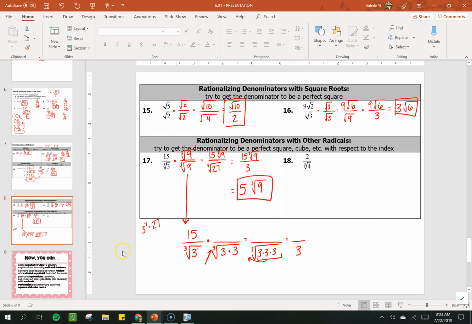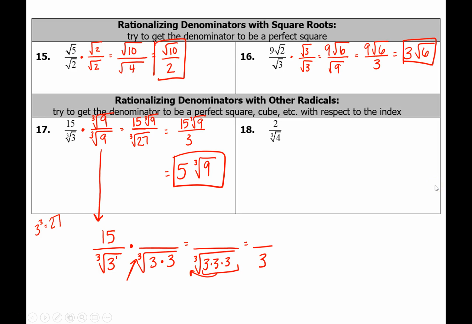So let's look at one last one that is a little bit harder this time. So I have in my denominator the cube root of 4. Now you can think about 4 to the third is 64 and do it that way. But you can also notice that 4 is 2 times 2.